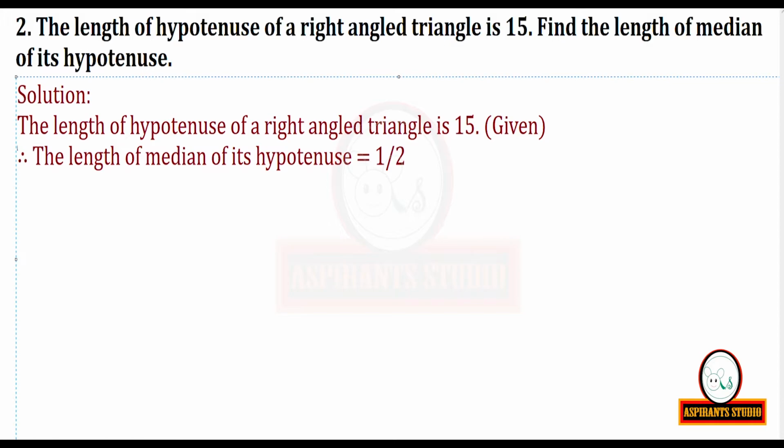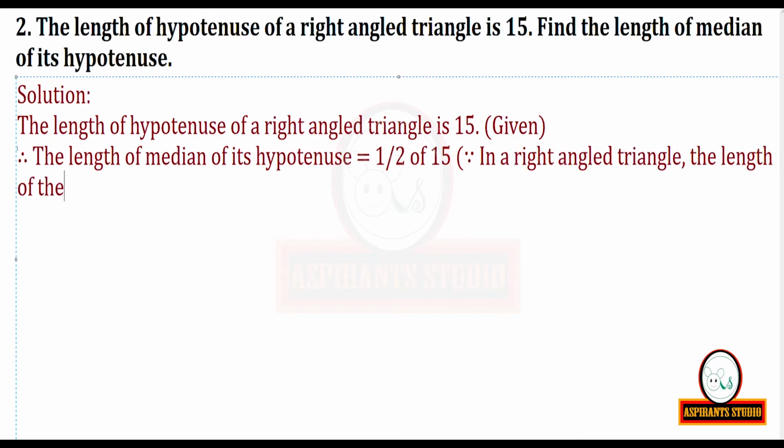So it is half of 15. You have to write the reason beside it. Since in a right angle triangle the length of the median of the hypotenuse is half the length of the hypotenuse.